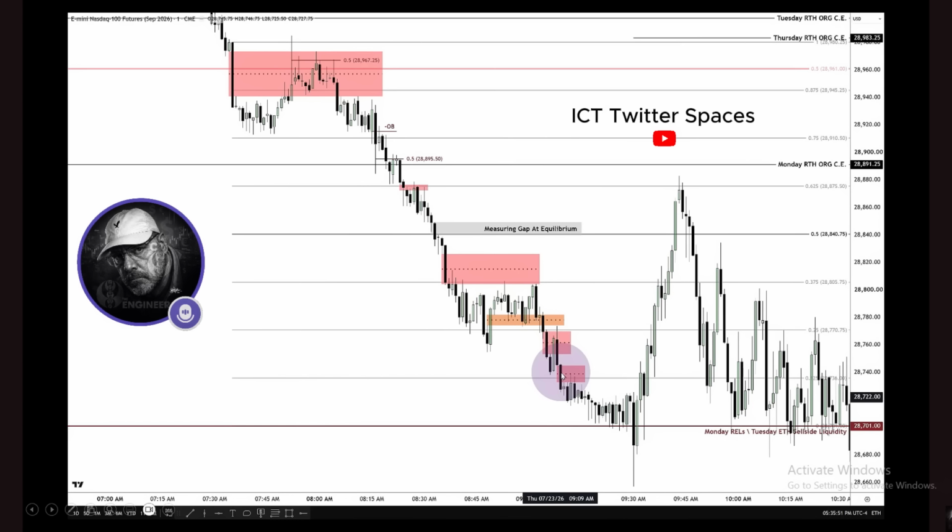Consequent encroachment, the midpoint of that suspension block, is the second one. The third is the highest level of the upper volume imbalance. Perfect. Amazing. That's what I wanted to reconfirm with you.